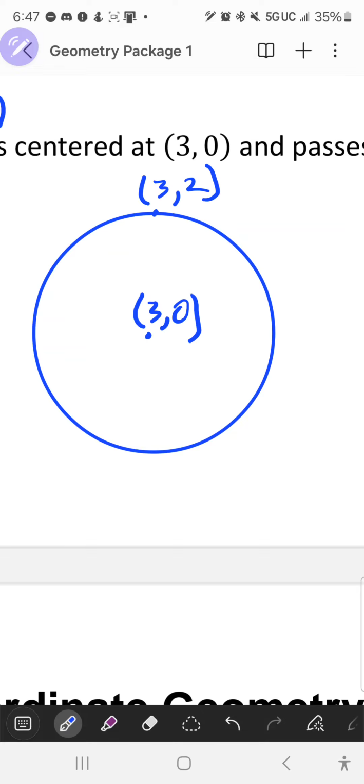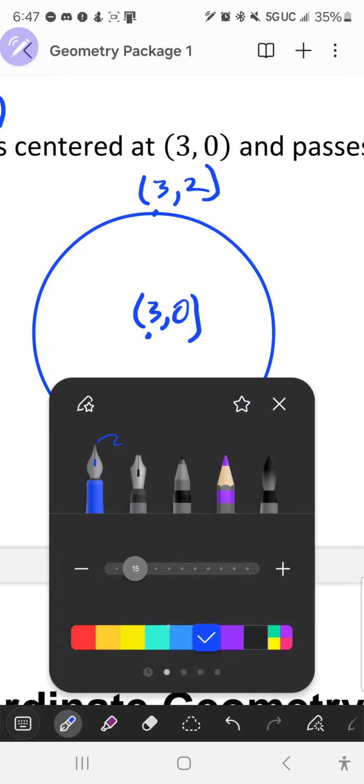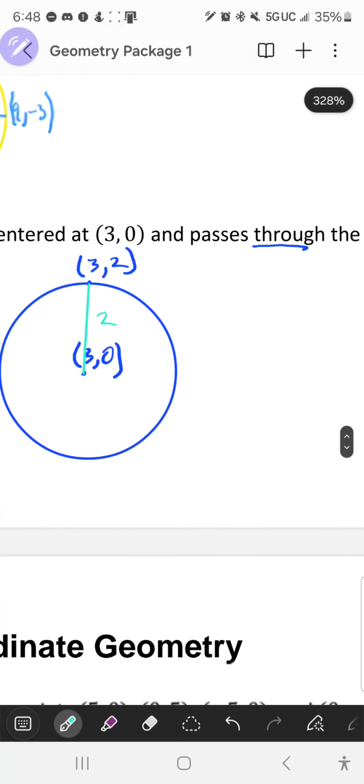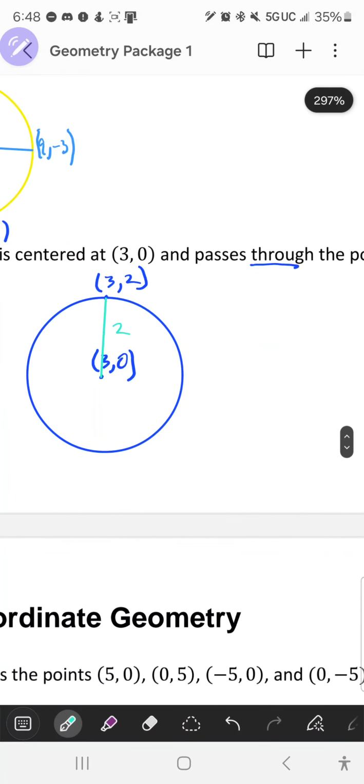Now I see that the x value is the same, so this time it's easy to calculate. It's going to be from 0 to 2, so the radius is going to be equal to 2. You can also use the distance formula and you'll get the same answer if you don't see it as easy as that.